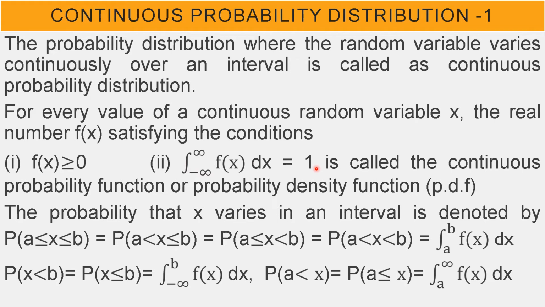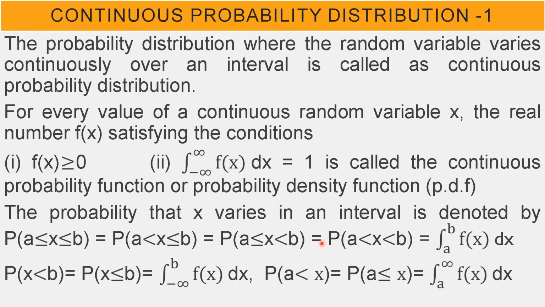A function satisfying these two conditions is called a continuous probability function or probability density function, PDF.